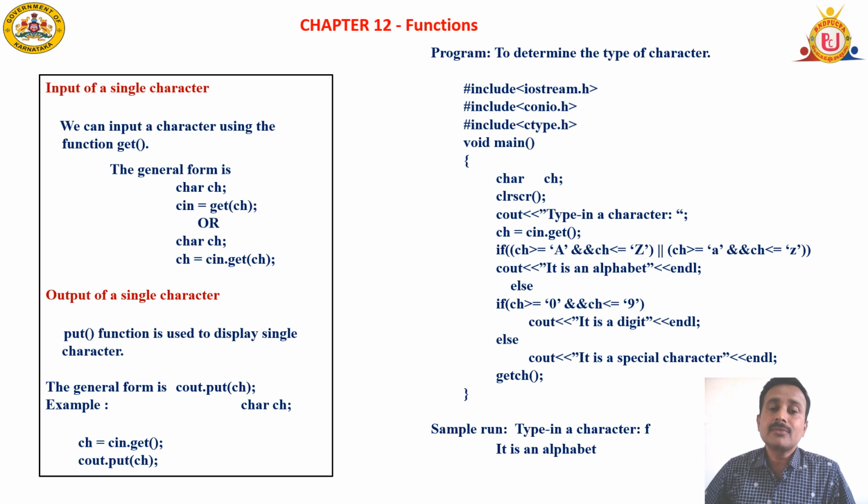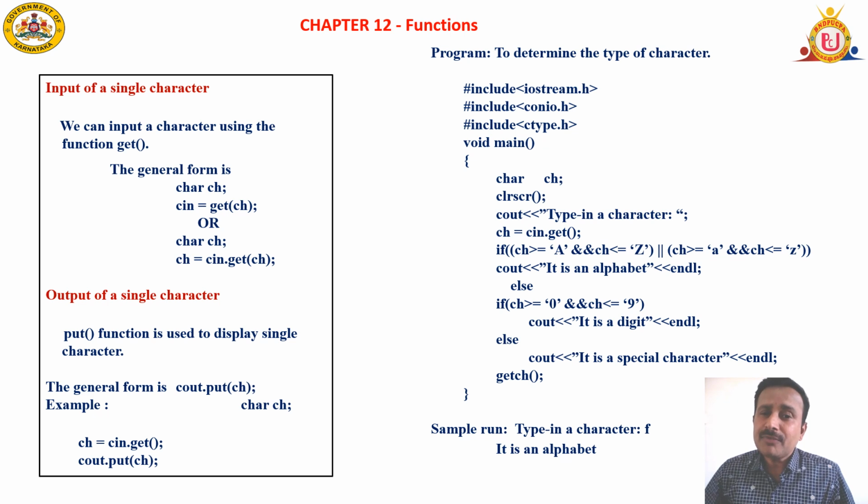Then it is going to check if that character ch is greater than or equal to the single character constant 'A', and ch is less than or equal to the single character constant 'Z'.